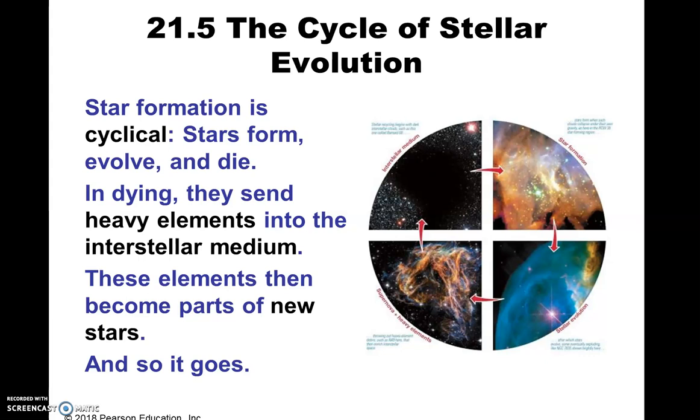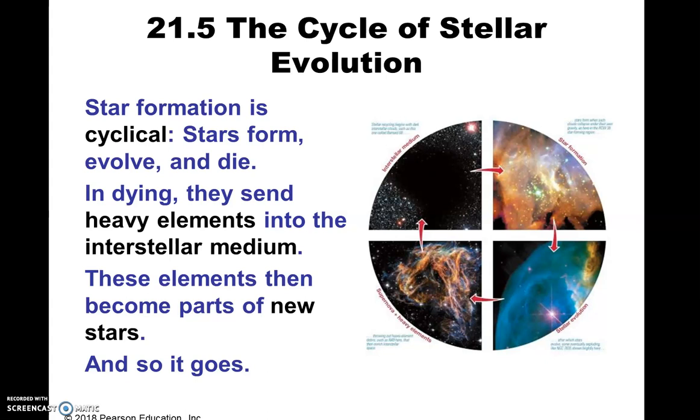Not always, but they can be born. They can be formed from this material, these giant clouds of gas and dust. And what we're seeing, of course, is that the evolution of stars puts heavier and heavier material out there in the interstellar medium of our type of galaxy, the spiral galaxies.